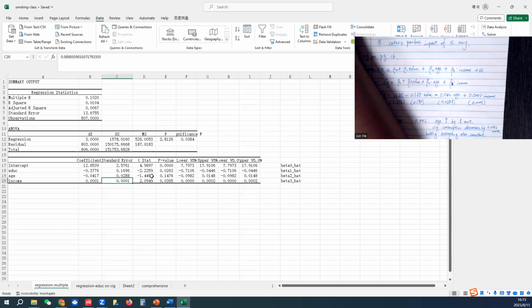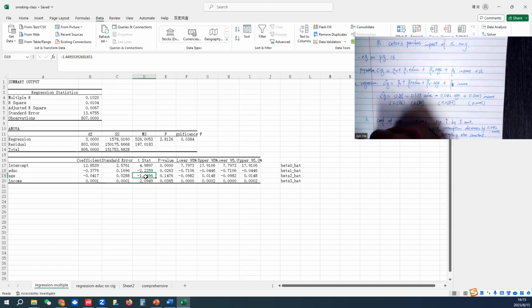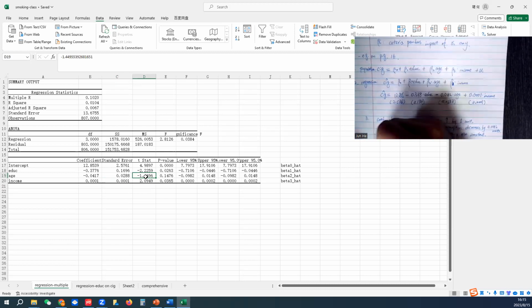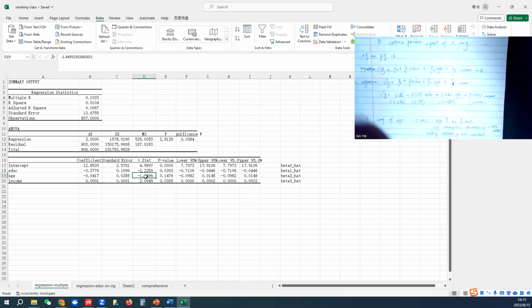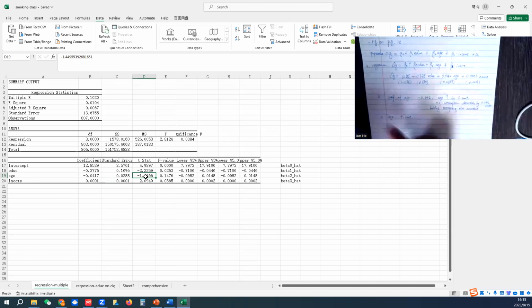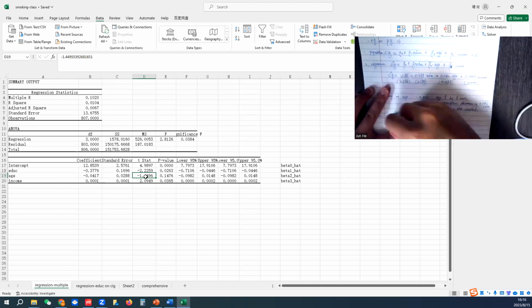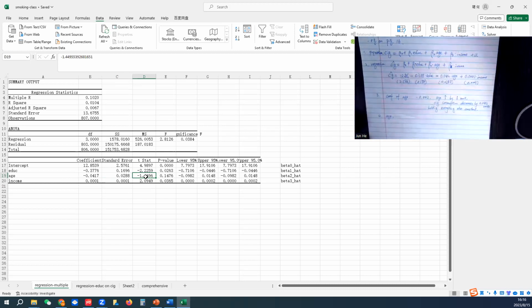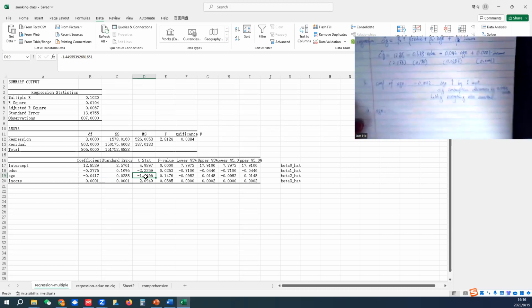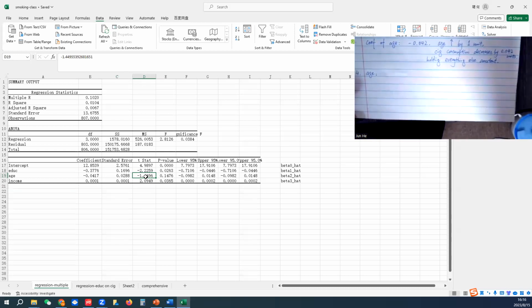Age and income. So how do we do that? Let's use age as an example. So T-stat, in this case, first you are testing the statistical influence of age on cigarette consumption, right?